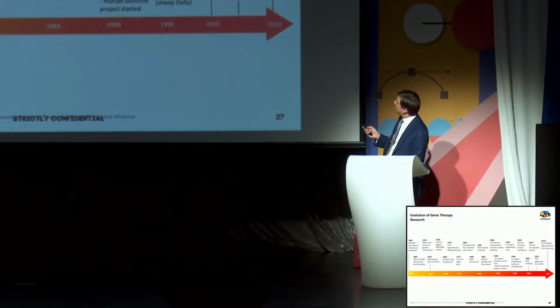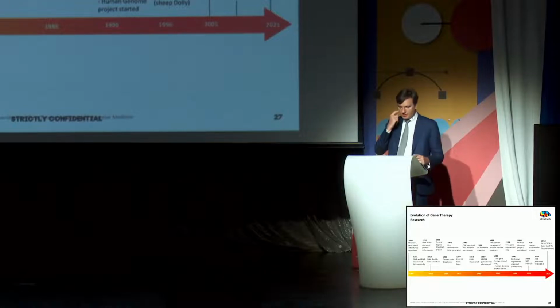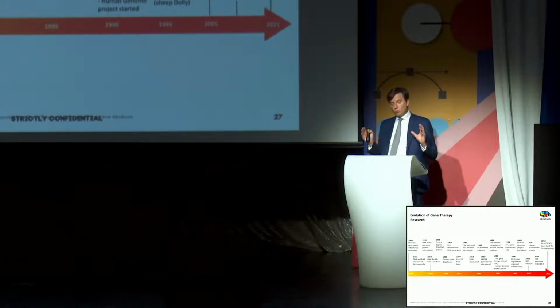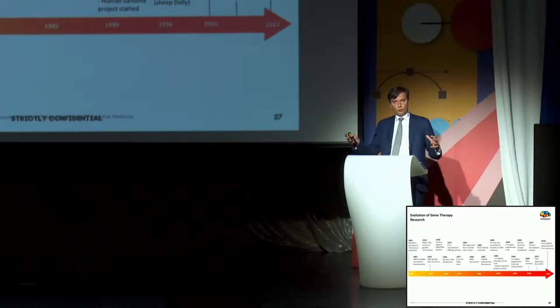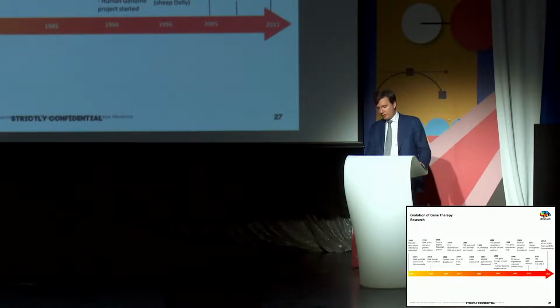And then the major milestone was the Human Genome Project, which lasted almost 10 years. The idea was to decipher the full human DNA, because the hope was that with that we could cure all the diseases. Unfortunately, it didn't happen.